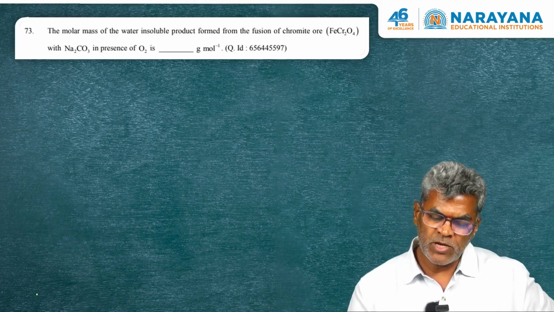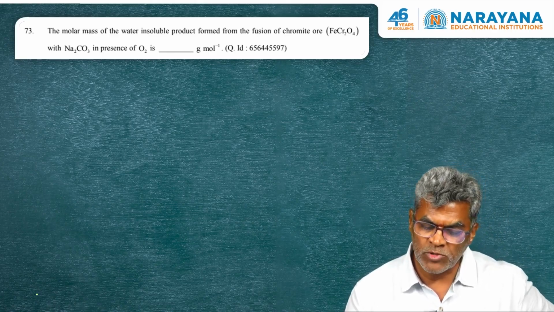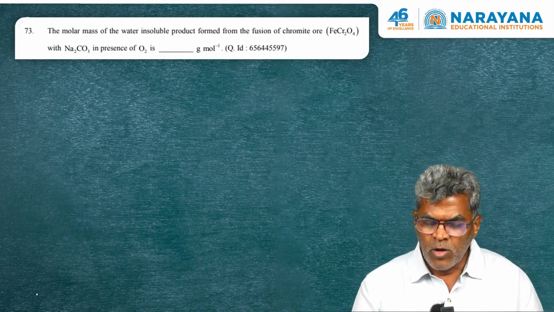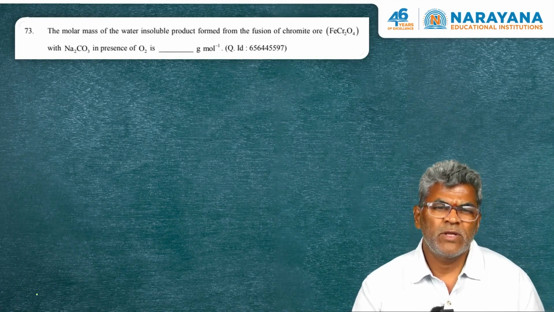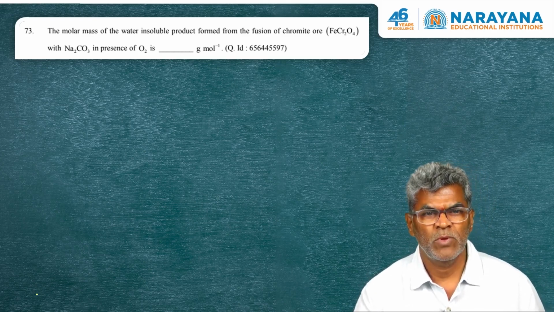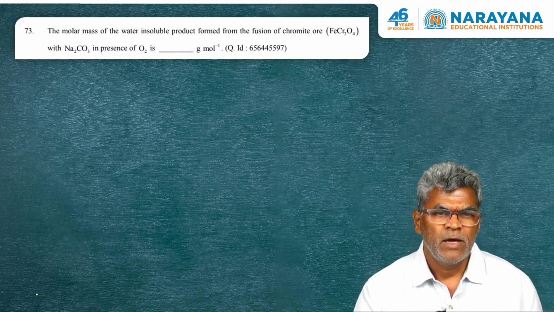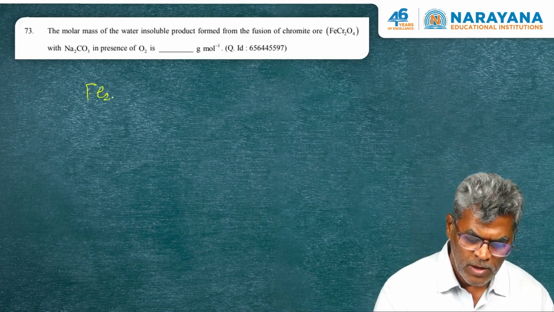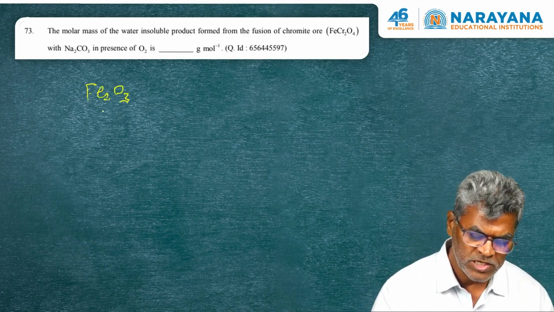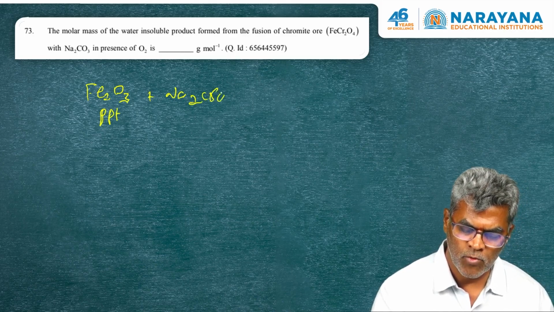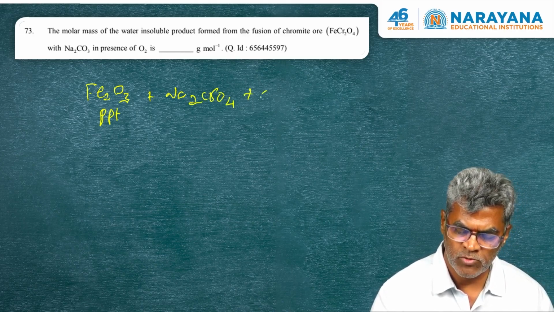This is the preparation of potassium dichromate question actually. Of course, in the first step, when iron chromate is treated with sodium carbonate in presence of oxygen, you will get Fe2O3, this is the precipitate, plus Na2CrO4 plus CO2 gas.